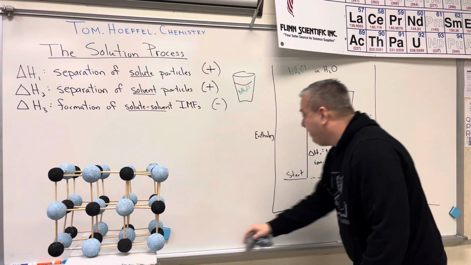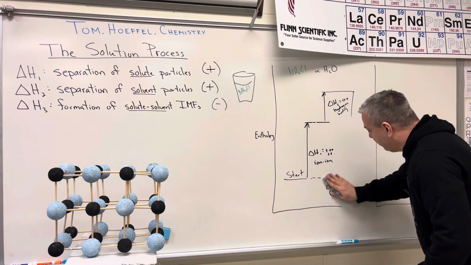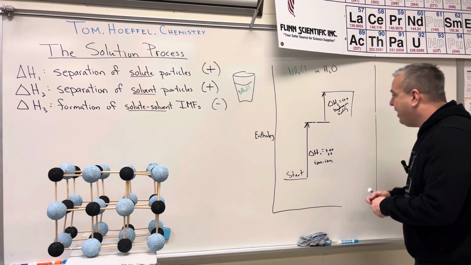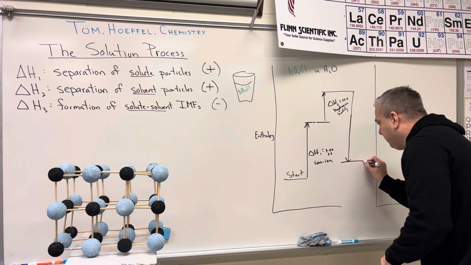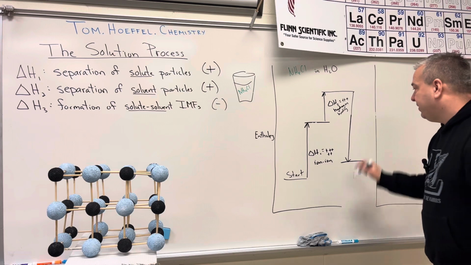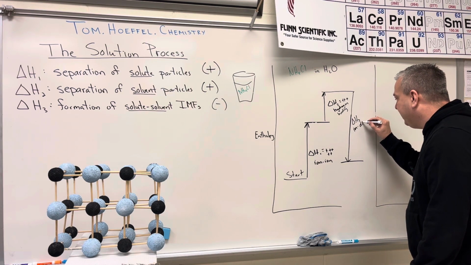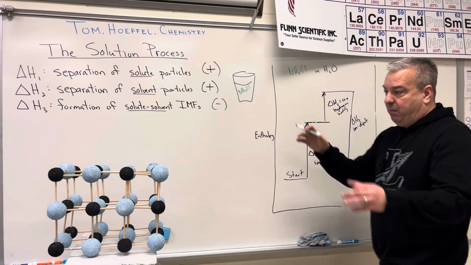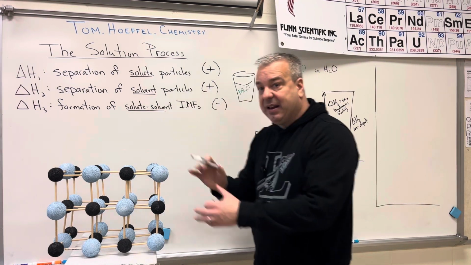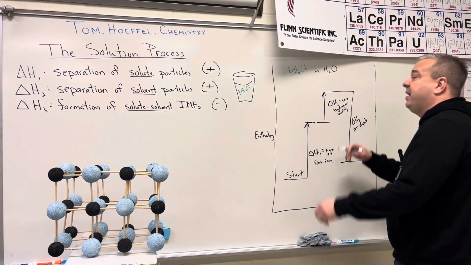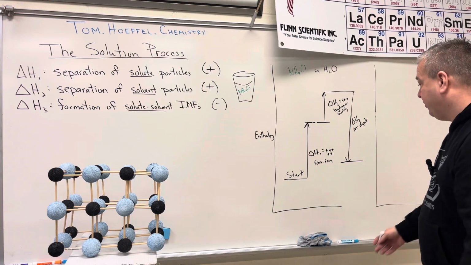But what we find is that with ammonium chloride, the return on the investment ends up falling a little short with the delta H3. It's still ion dipole interactions, but the strength of the ion with the dipole is not as strong with ammonium chloride as it was with the sodium hydroxide.